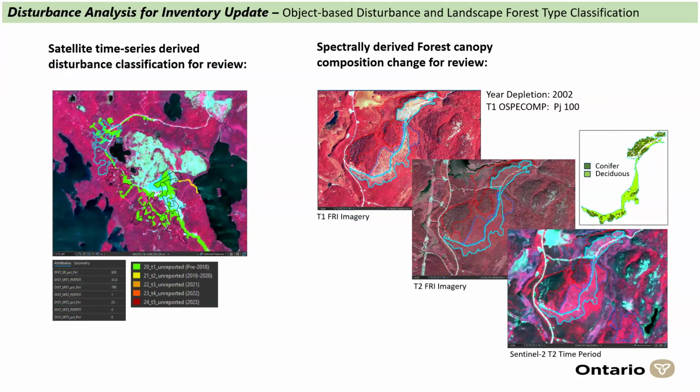By the time we get to the T2 time period, based on classification of the composition as first deciduous, we see that as a significant change, and so then this forest stand will be flagged for interpretation.